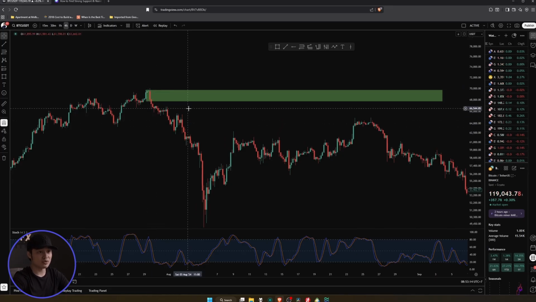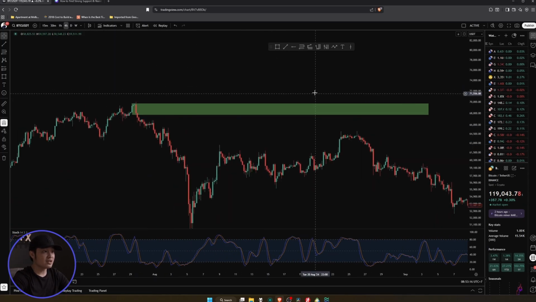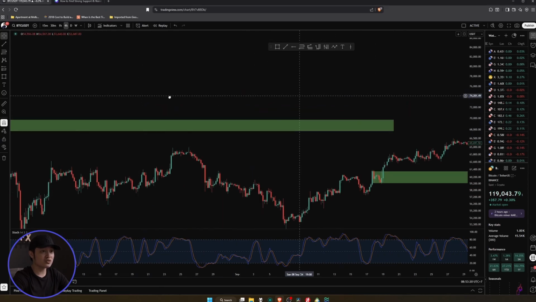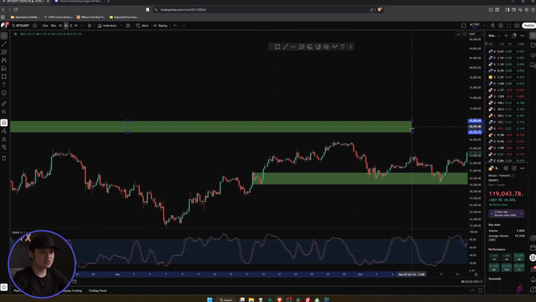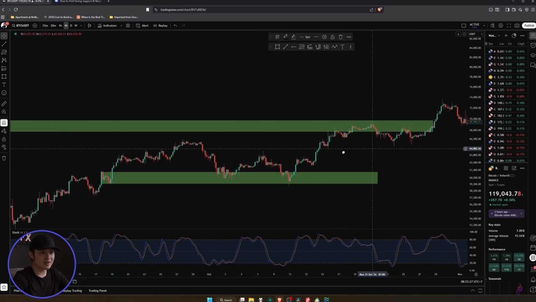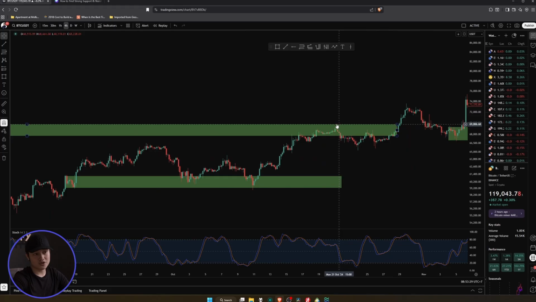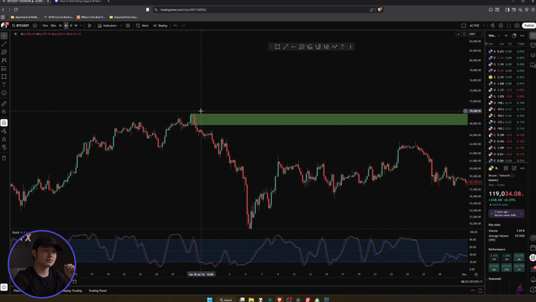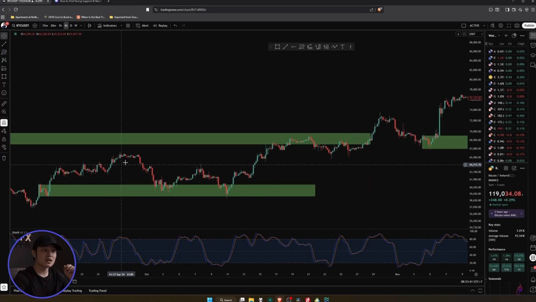If we stretch the zone on the right side, we are going to see that the price will likely enter this zone, and look here, the price rejected at this zone, but it won't last long because this was a very big zone. But at least the price reacted around here.